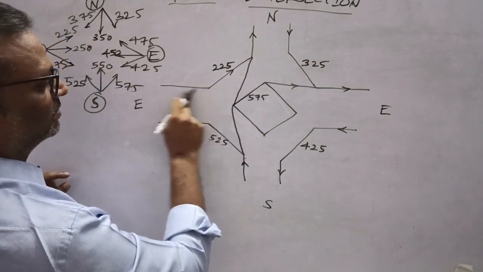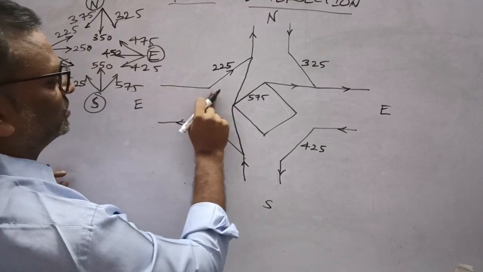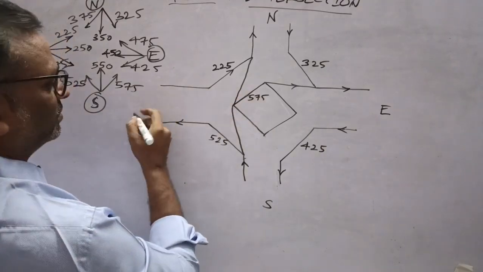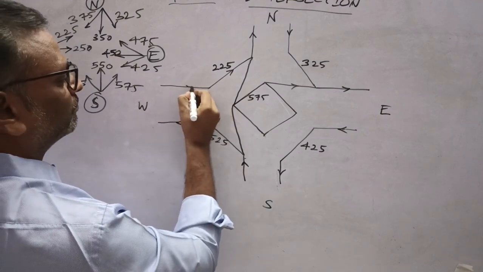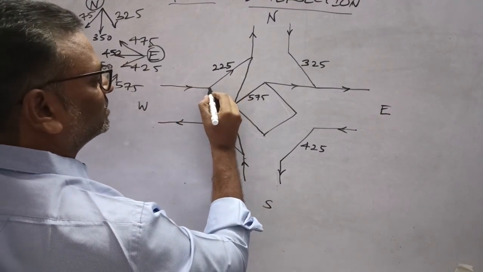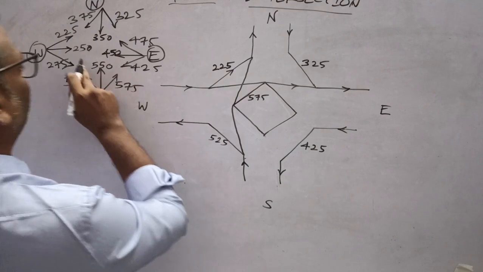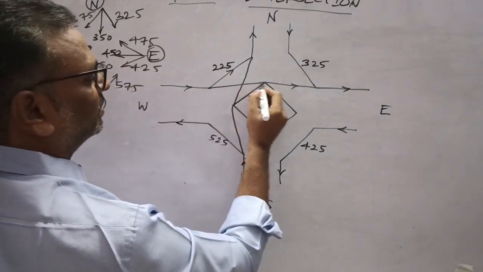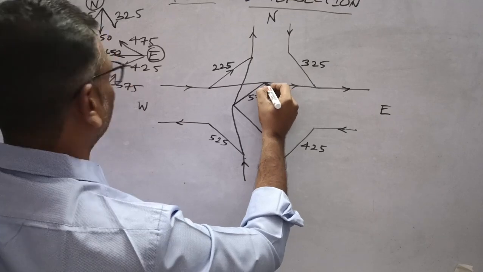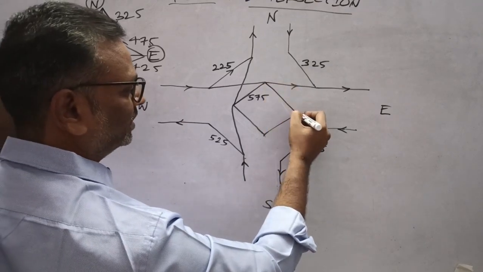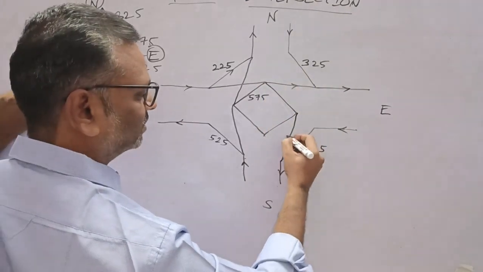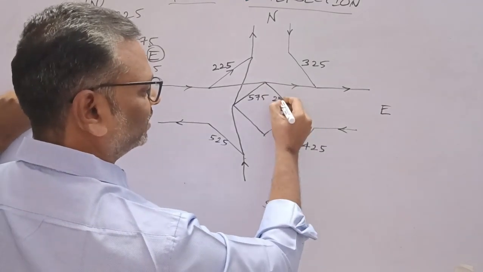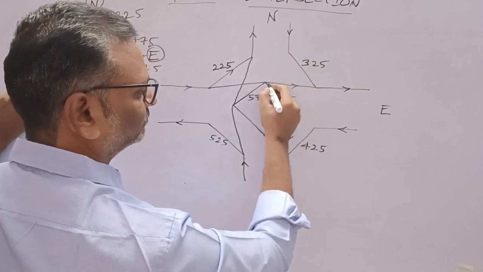Similarly, this traffic from west diverges, the traffic 250 plus 275 diverges here, and 275 goes here and merges here. So 275 is here.